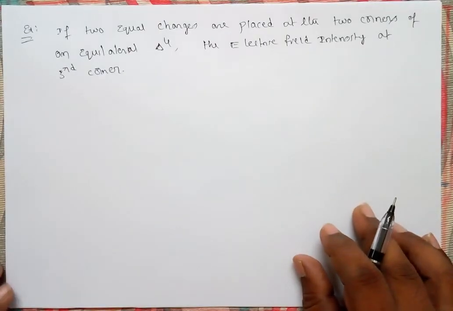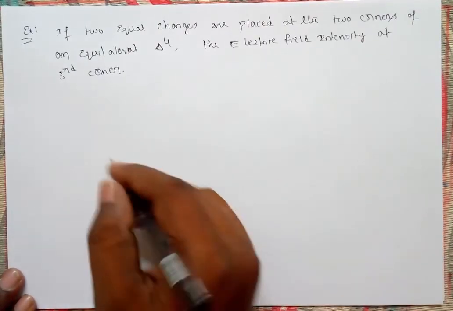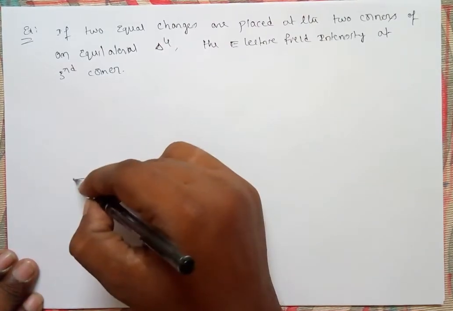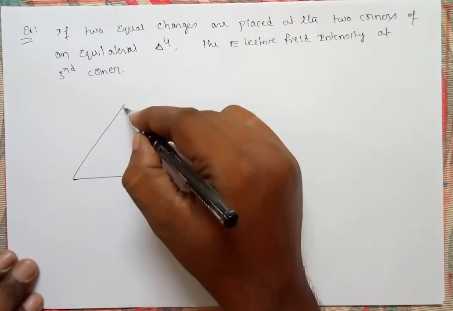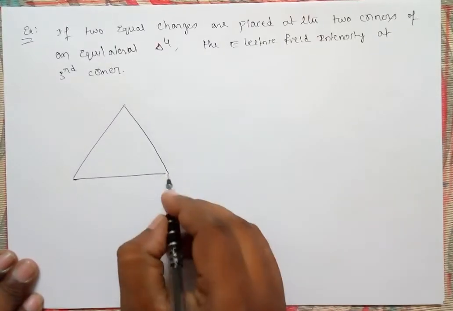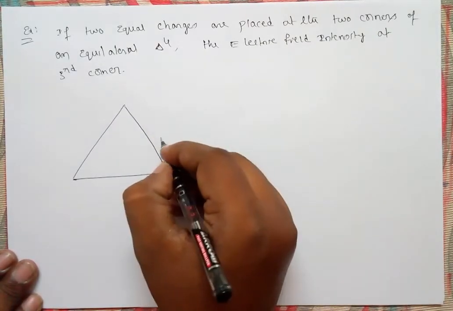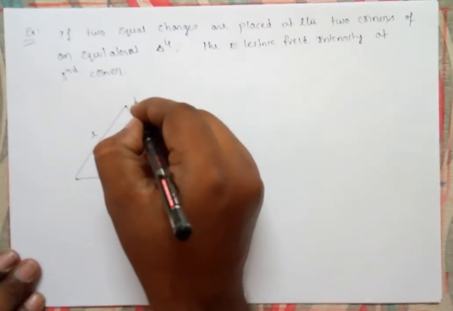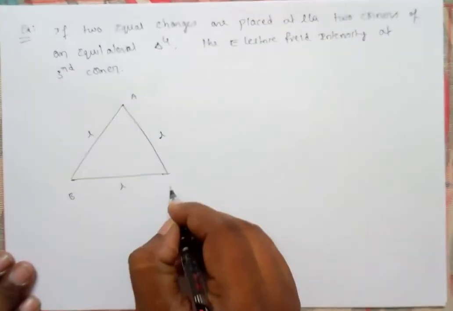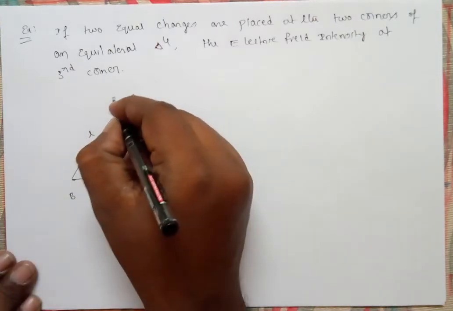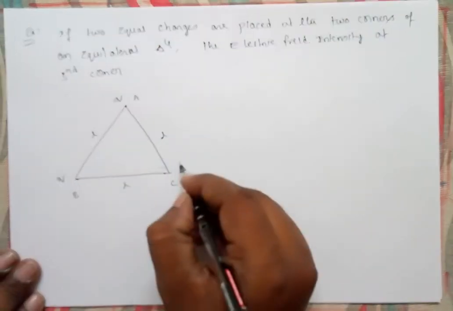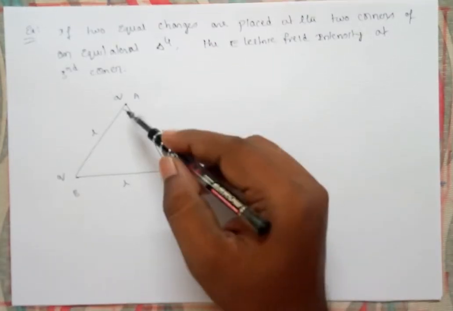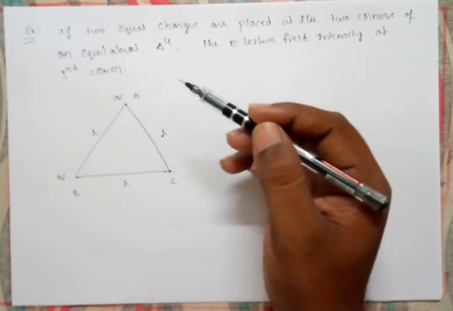So you can observe here, this is an equilateral triangle whose side length is L. Here charges at A, B, C. Here charge Q, here Q. Our intention is that two charges are located at two corners.